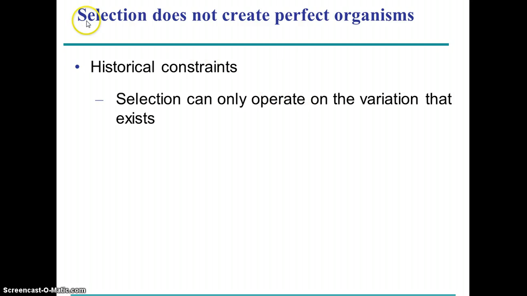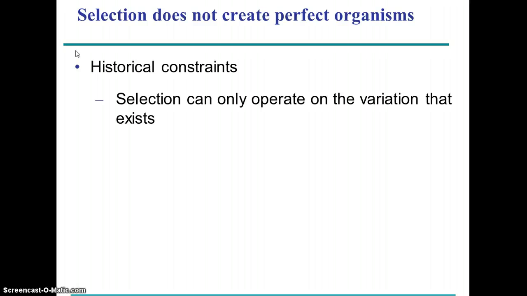Now, we should make it clear that natural selection, directional selection, however it occurs, it doesn't mold perfect organisms. Organisms are typically well adapted to their surroundings, but they're not necessarily perfectly adapted, and that can be due to historical constraints. And what we mean is that there's only so much genetic variation within the population for evolution to operate on.